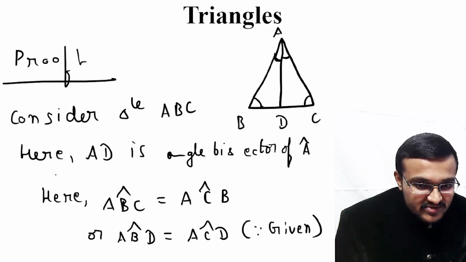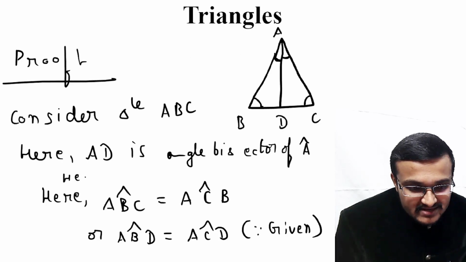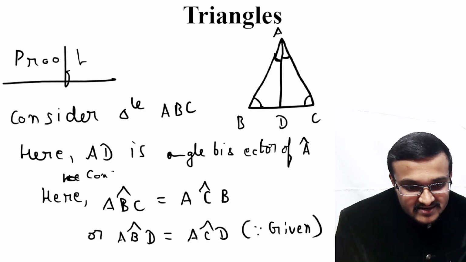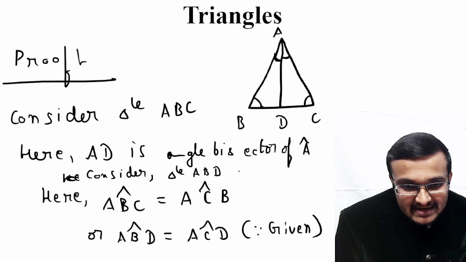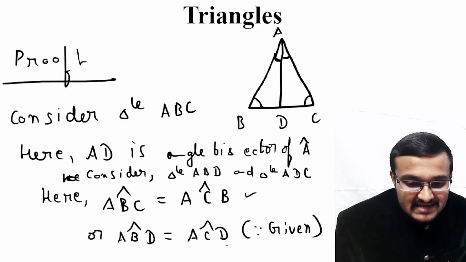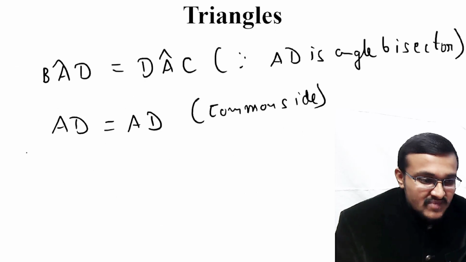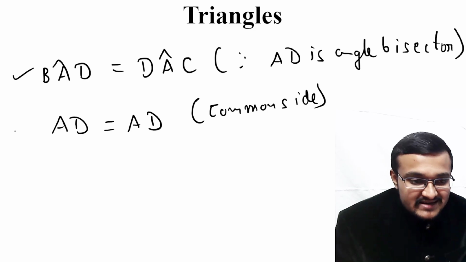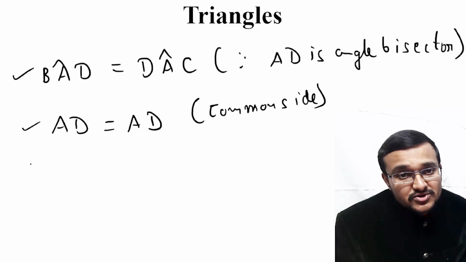So before writing this, you should write consider. Here we are considering triangle ABD and triangle ADC. In that, angle ABC or the angle ABD is equal to angle ACD, and angle BAD is equal to angle DAC, and AD is equal to AD.